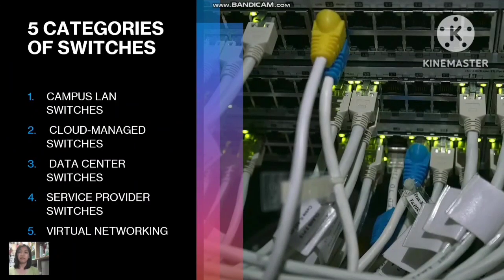Now we have the 5 categories of switches. We have the campus LAN switches, cloud-managed switches, data center switches, service provider switches, and the virtual networking. Now when we say campus LAN switches, to scale network performance in an enterprise LAN, there are core, distribution, access, and compact switches.